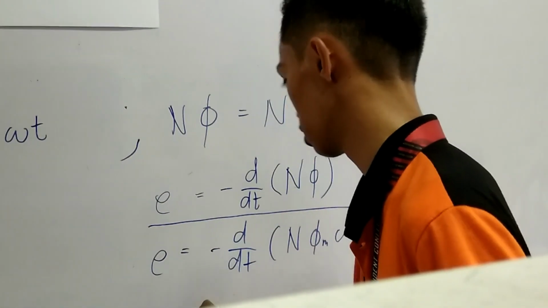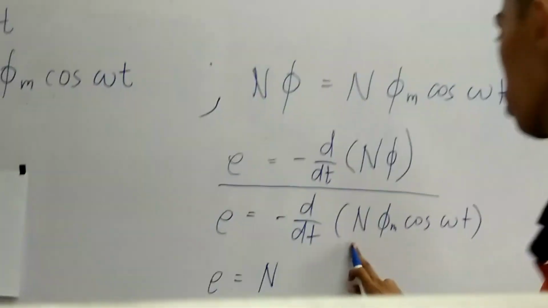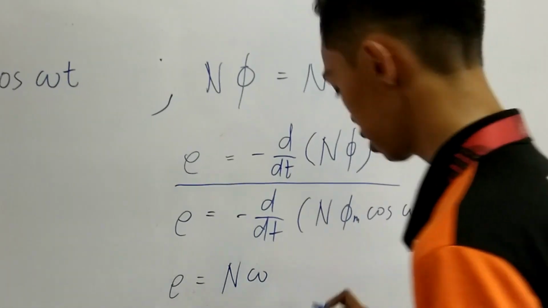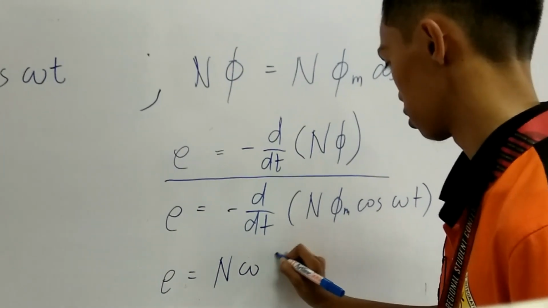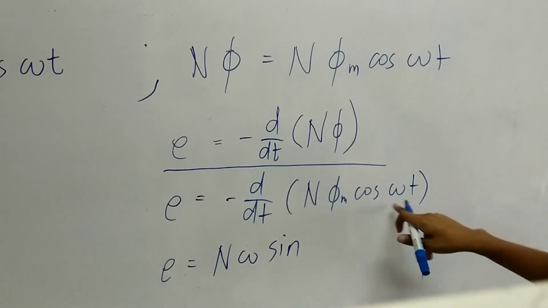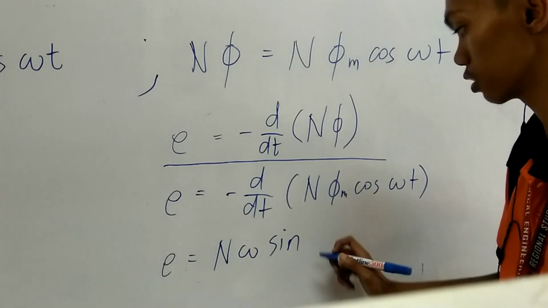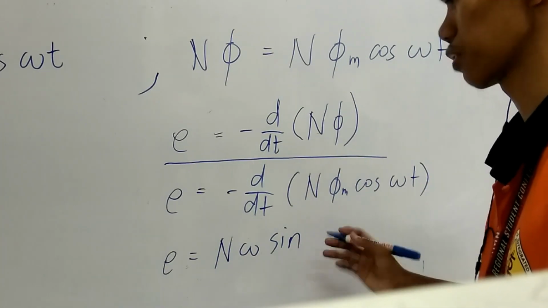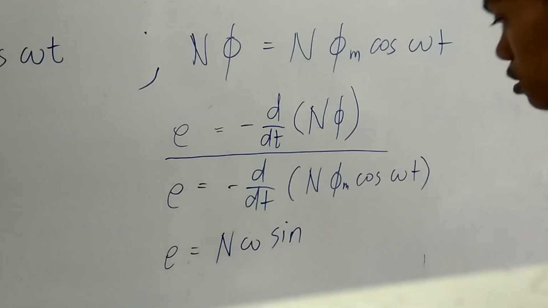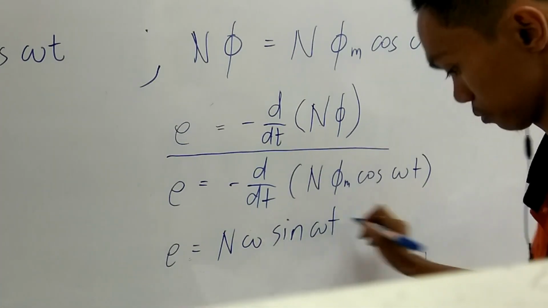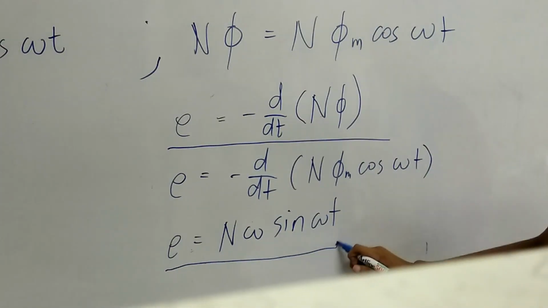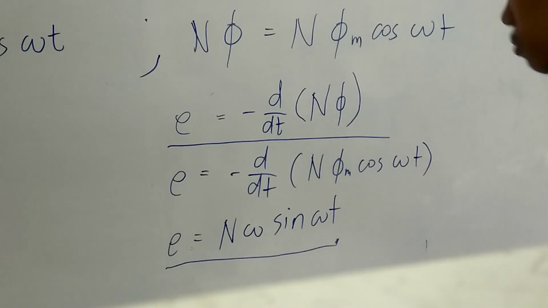So E is equal to N, since N is a constant, times the derivative of cosine omega t, which is negative sine omega t times omega. So the negatives cancel out each other, and this is our induced voltage equation.